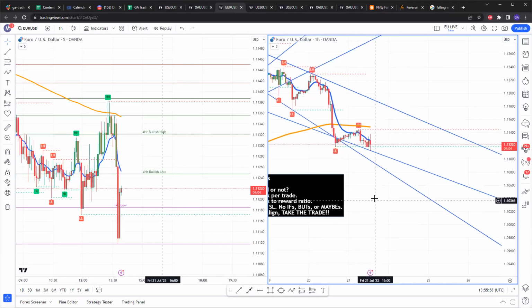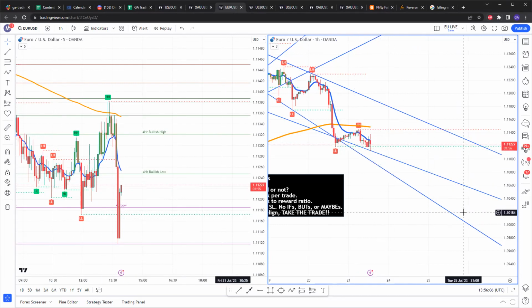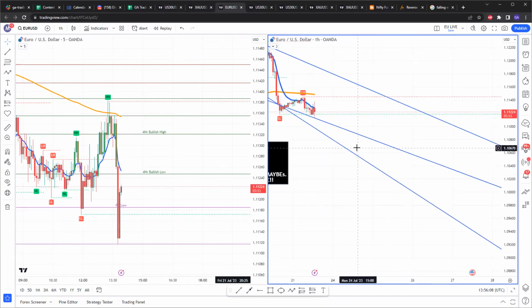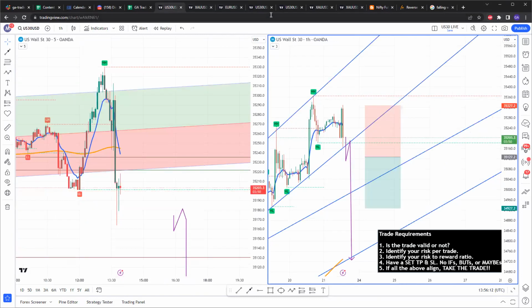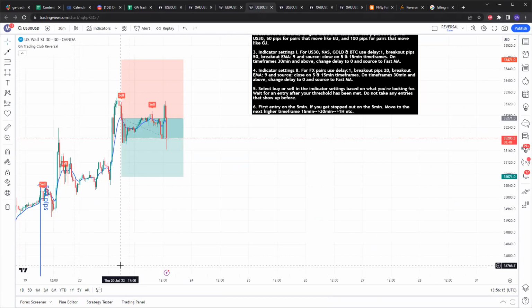Yeah, so EU as well. EU is respecting all these trend lines. If we do break this trend line, the support now will be on this trend line. I just need this position to shoot into TP, and that will be a good way to end the week.